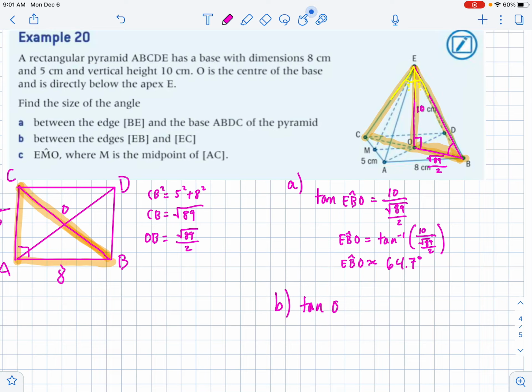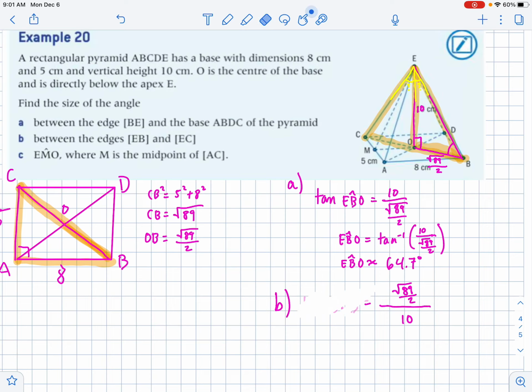So tangent of OEB is opposite over adjacent. Opposite side is root 89 over 2, and the adjacent side is 10. Oh, you know what? I'm doing too much right here.